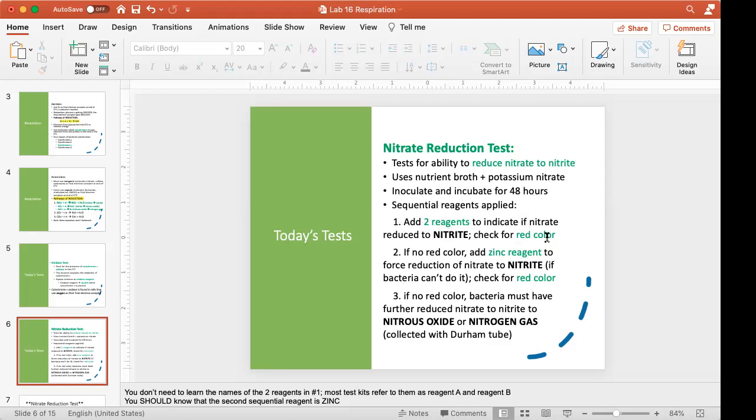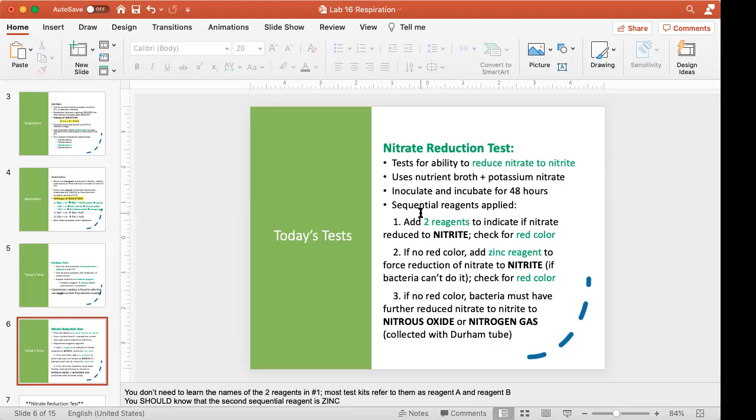The nitrate in the tube got reduced to nitrite, and the nitrite is what's giving us the red color with the combination of the reagents. So that's pretty good, right? If you take that tube out of the incubator and add in the first 2 reagents, if it turns red, great, you've got a positive test, and you can say this bacterium is able to reduce nitrate to nitrite.